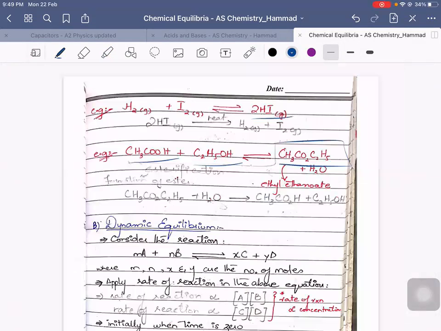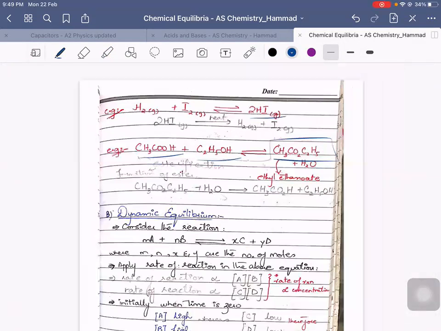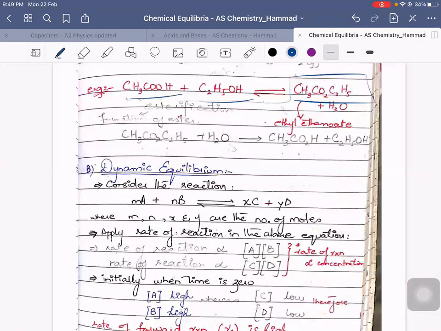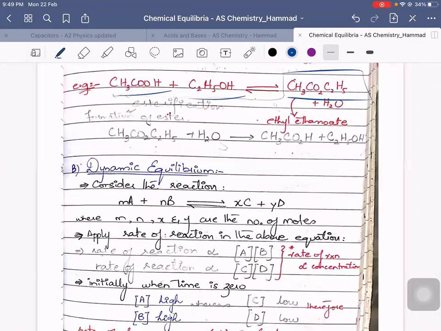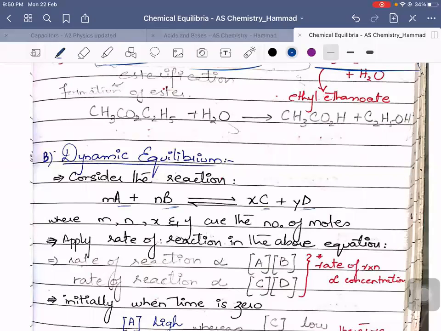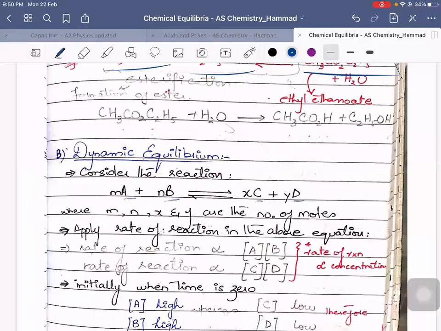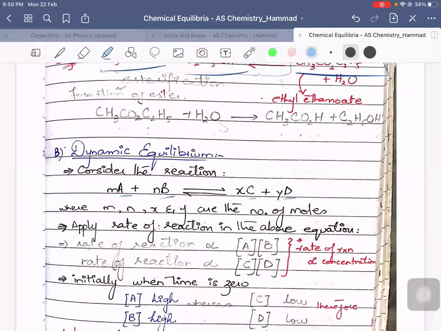Dynamic equilibrium. Let's say you have the reaction mA + nB ⇌ xC + yD. A and B are your reactants, C and D are your products. m, n, x, and y are the number of moles, right?